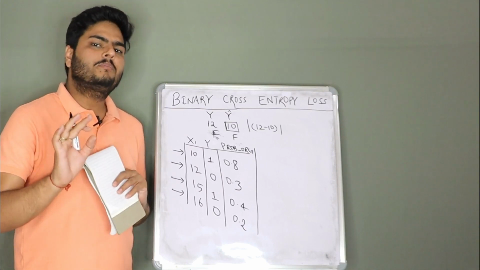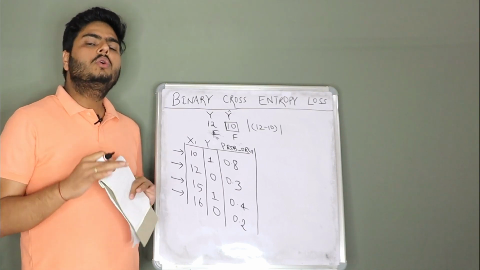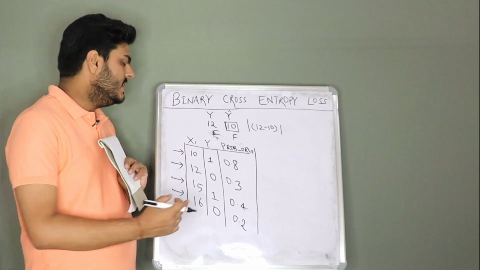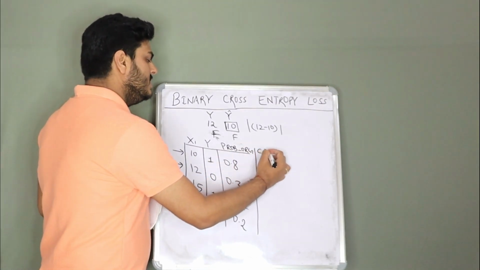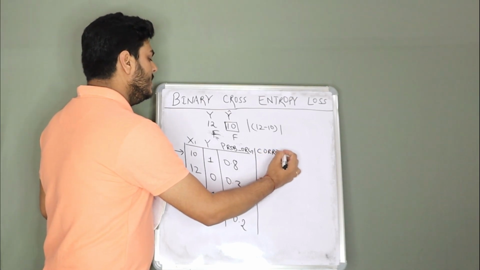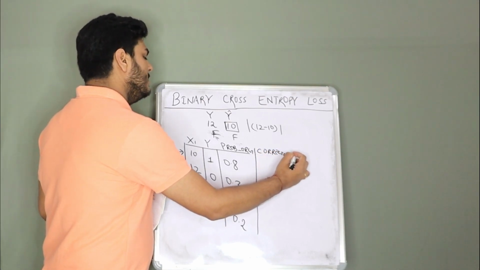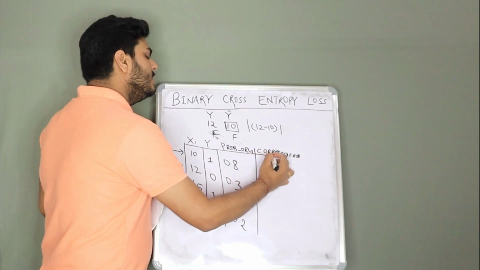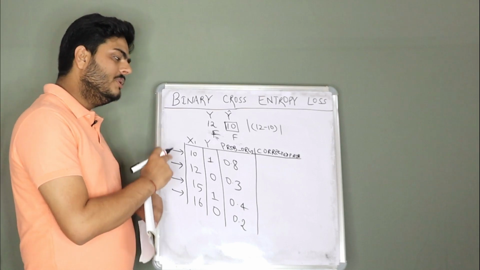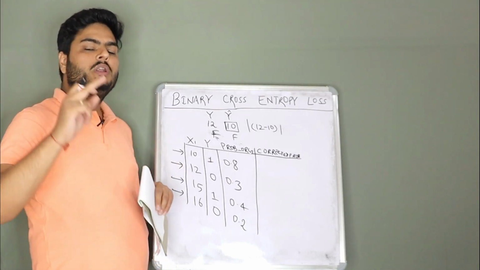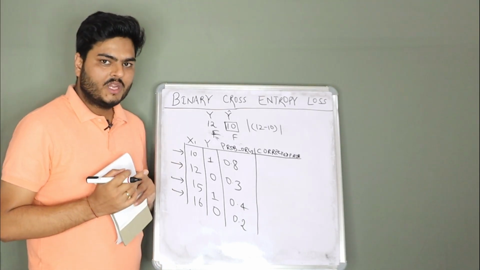Just as an example, suppose some other model gives you the probability of falling in the actual class. In that case, we have a concept known as corrected probability. Ultimately, what we want is for the probability of all these observations to fall in any one class.